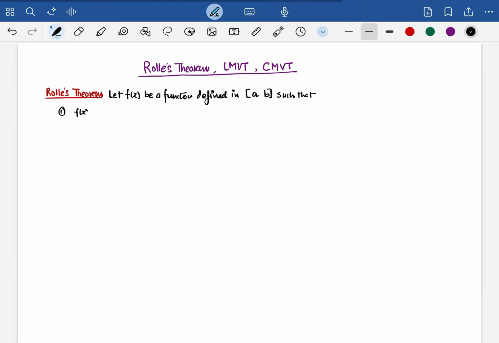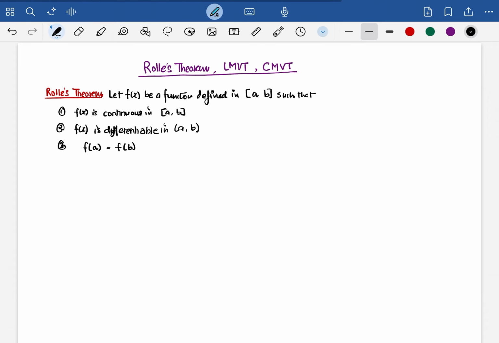First, f(x) is continuous in [a, b]. Second, f(x) is differentiable in (a, b). And third condition is that the function values at the end points should be equal.